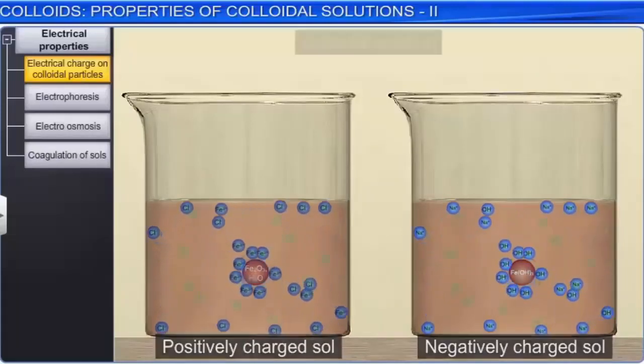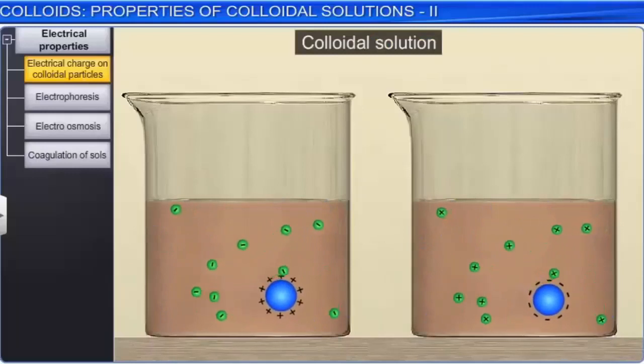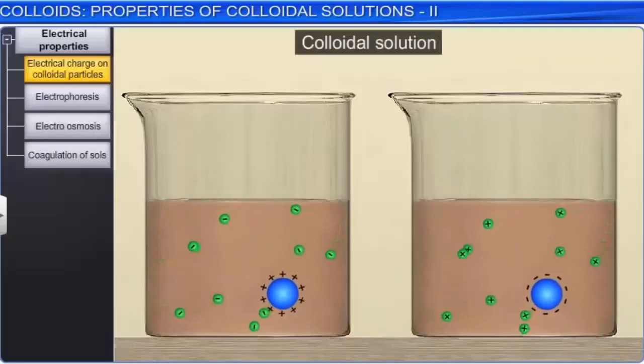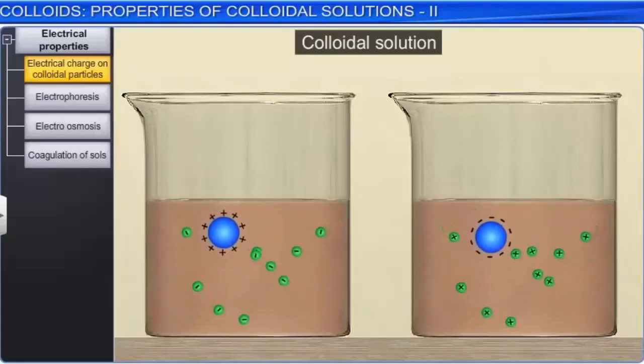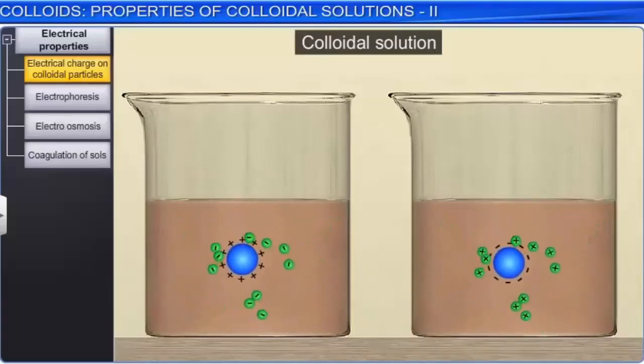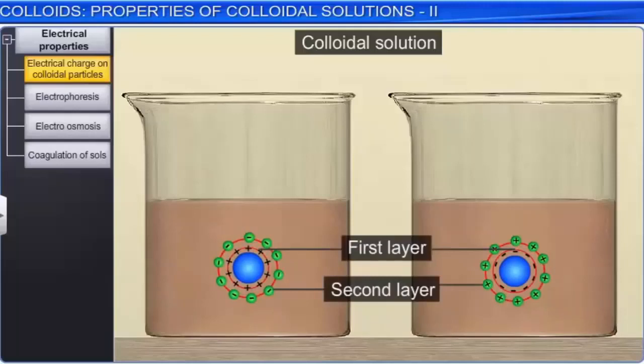The positively or negatively charged colloidal particles of a layer attract oppositely charged ions from the dispersion medium, forming a second layer as shown here. These counterions are not adsorbed on the surface of the colloidal particles, but exist in the solution.